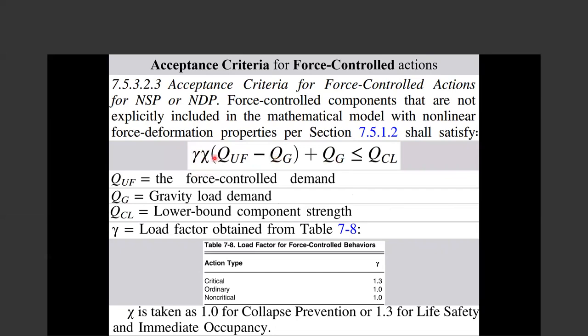So we reduce the gravity load, put the modification factor on the remaining part, and then add the gravity load again. Before, we didn't have that. It was just this with this, and it was controlled against the capacity, the demand. But now they put two factors.